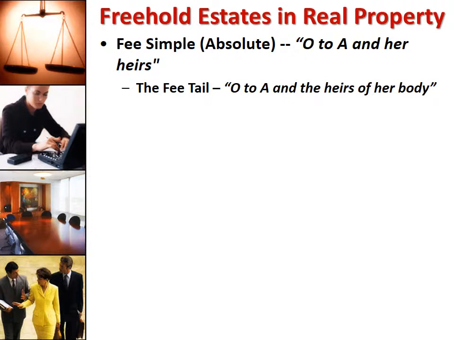So, if a court had an old deed and they came across a fee tail, they simply eliminate it in their minds. Why is it against public policy? Well, heirs of her body would mean that adopted children or stepchildren would not be considered heirs, and A would not be able to give to them the remainder of the estate that she got from O.